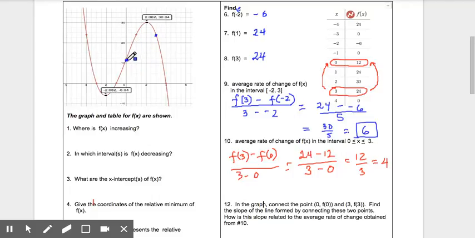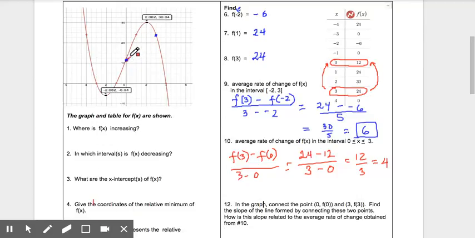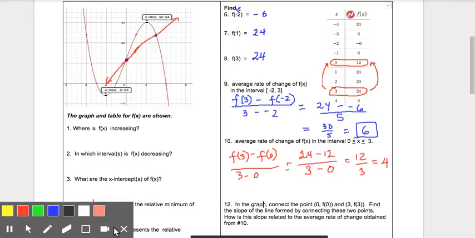So let's connect. Okay, let me use red. So here's the line that connects the 2 points. Now find the slope of the line formed by connecting these 2 points.